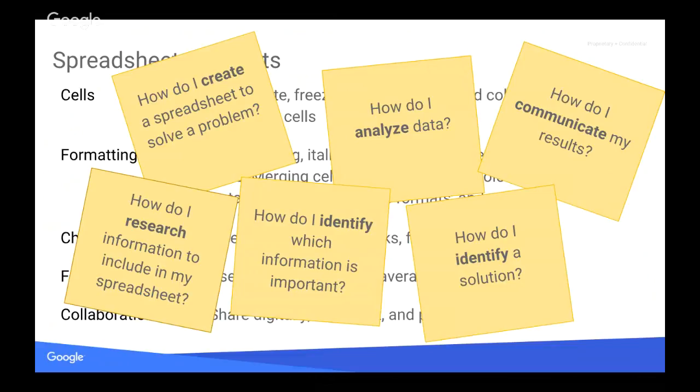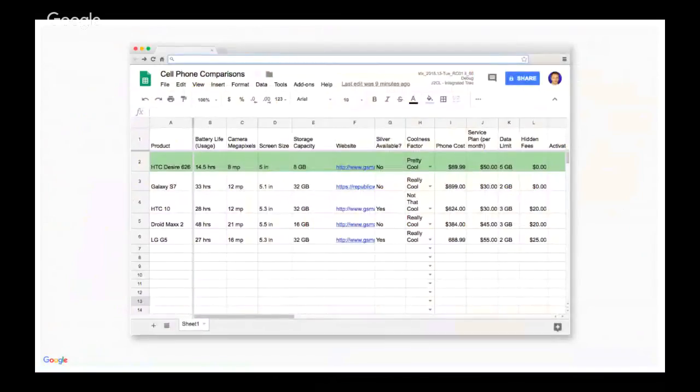And so this is where Applied Digital Skills really focuses our curriculum strategy. Rather than teaching just the features of a tool, we try to situate those skills in a meaningful and engaging context. What I have on the screen here is an example from our plan and budget unit. In this activity, students research cell phone options.